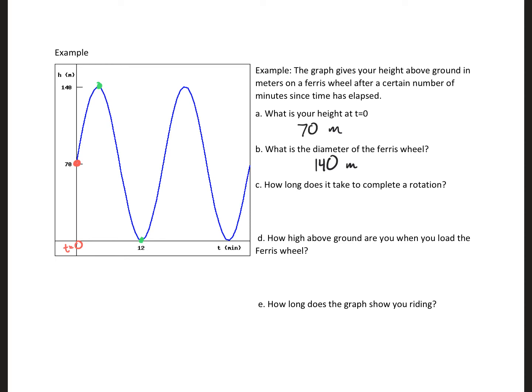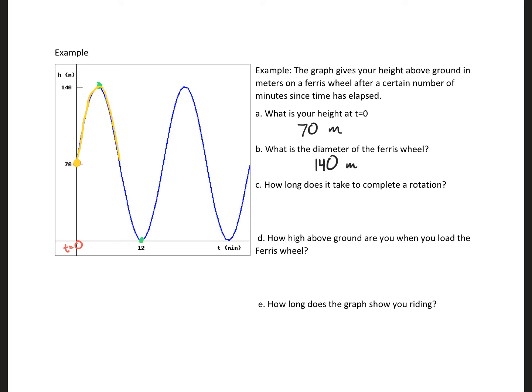Next, we want to determine how long it takes to complete one full rotation. Notice here I'm at a height of 70 meters. We want to determine how long it takes to go all the way around the Ferris wheel. So I'm at a height of 70 meters. During this time period, we go to the top of the Ferris wheel. That's 1/4 of the rotation.